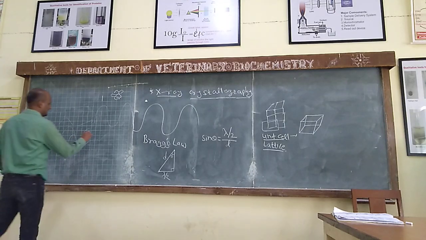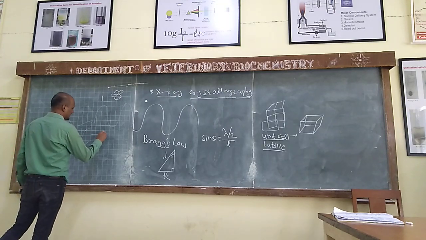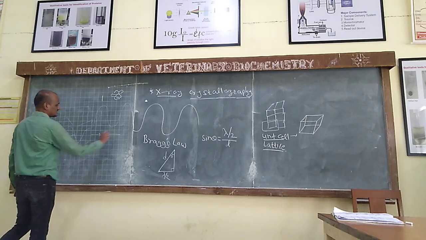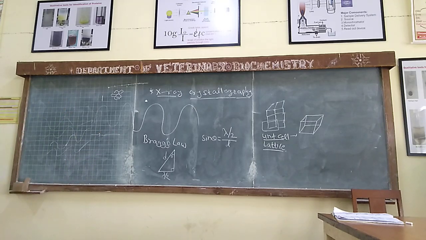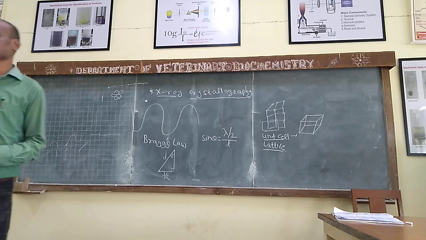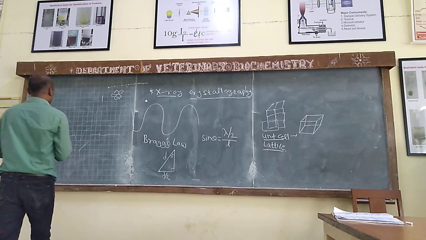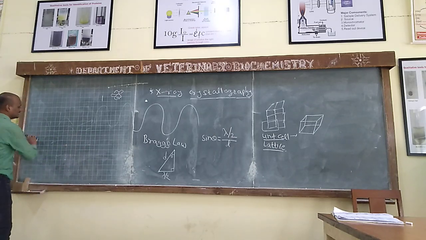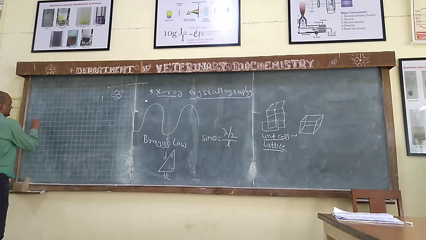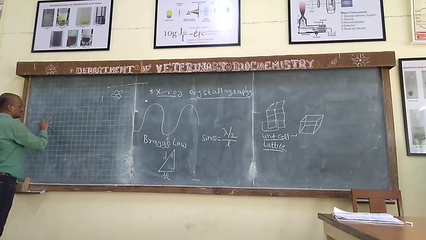So we have to determine the constructive wavelength. This constructive wavelength pattern we have to determine on the photographic plate. Previously people used to see these things on the photographic plate. People used to pass light through here. This is our crystal. Light will pass like this.